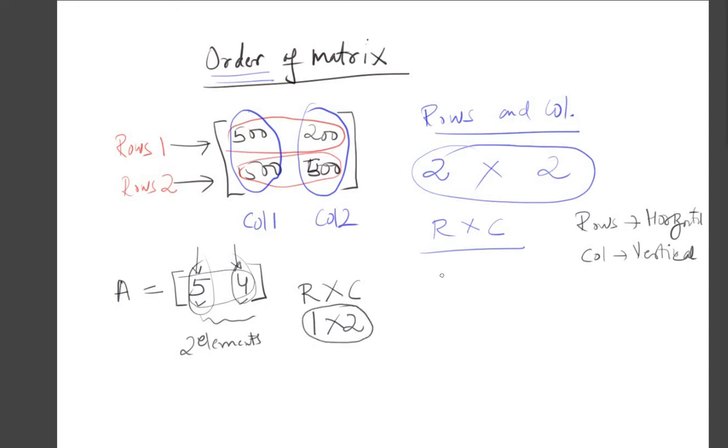Okay, let's do another example. Now, if I write something like this, 5, 4, and 3, you tell me what is the order of the matrix. I'm interested in knowing row cross columns.